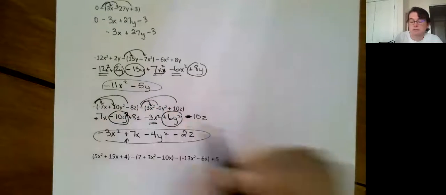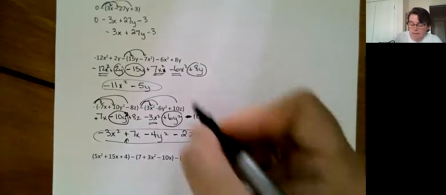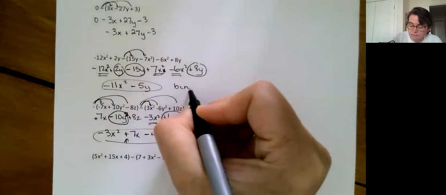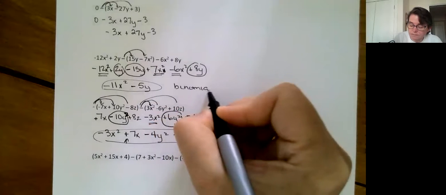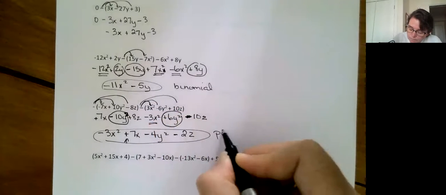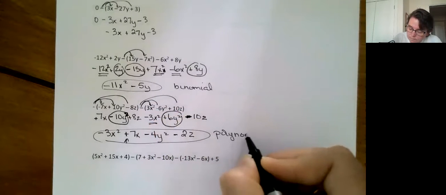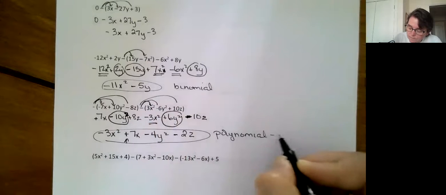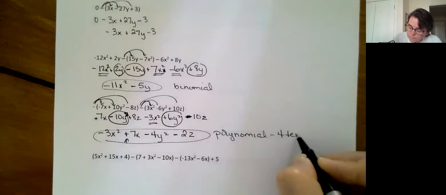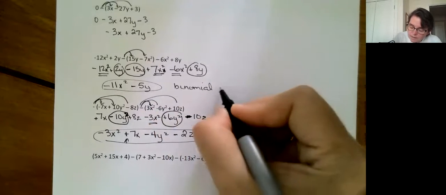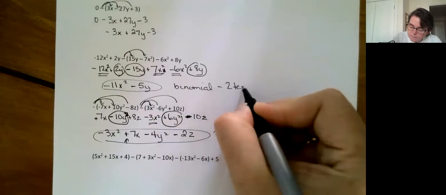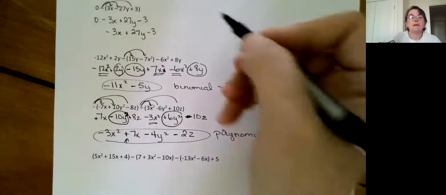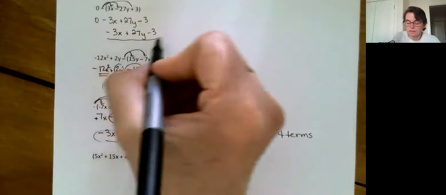What's this one? That is a binomial. Polynomial. Two terms. And actually up here, let's look.